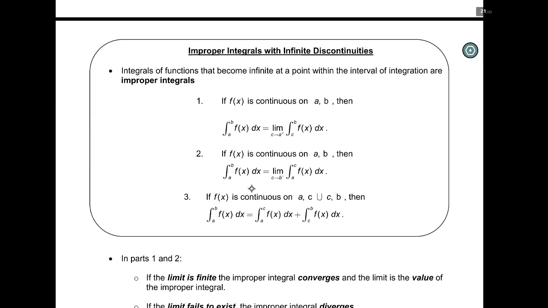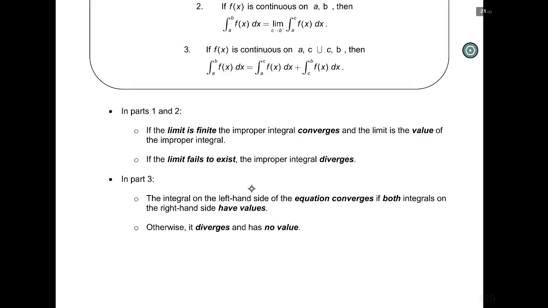So with these infinite discontinuities, if something's going on here at a, we'll say c approaches a from the right. What if it's continuous from a to b, but b is the infinite discontinuity, so we approach b from the left. And then what happens if we have infinite discontinuities at a and at b, then we separate it into two different integrals.